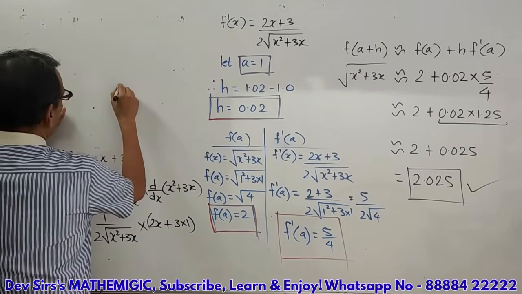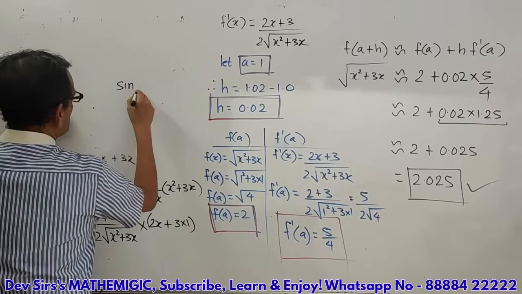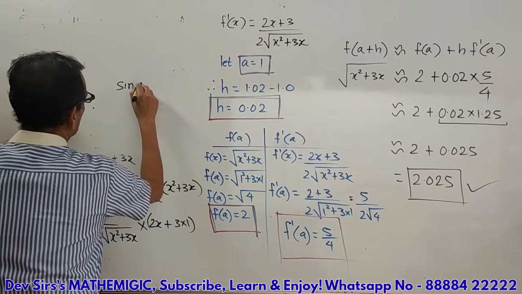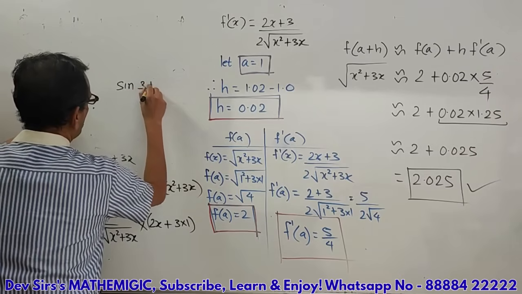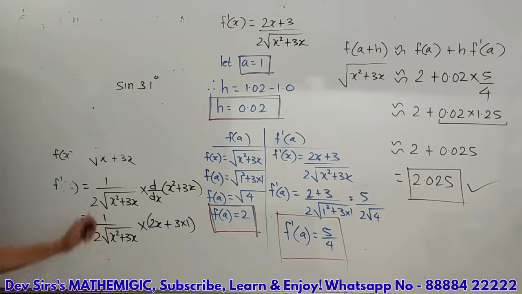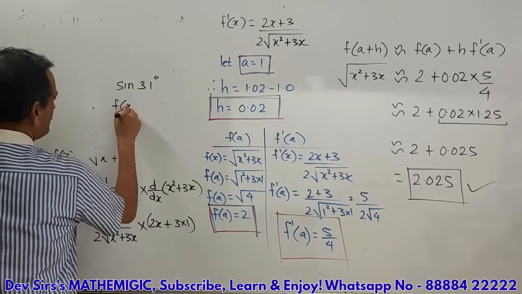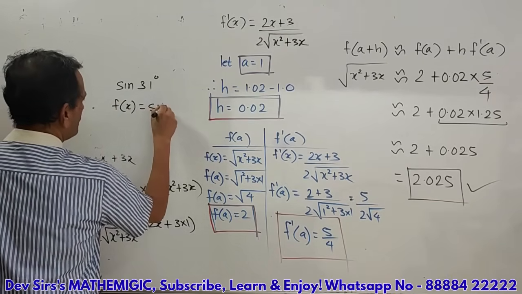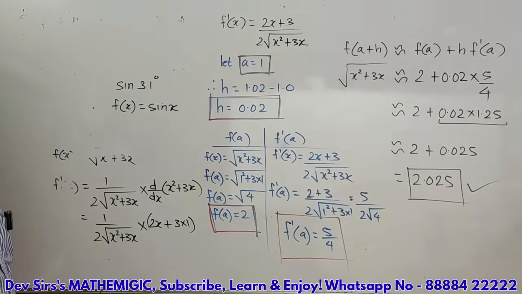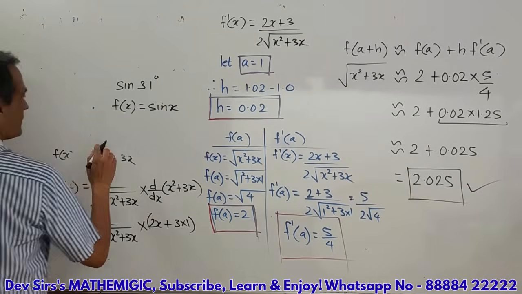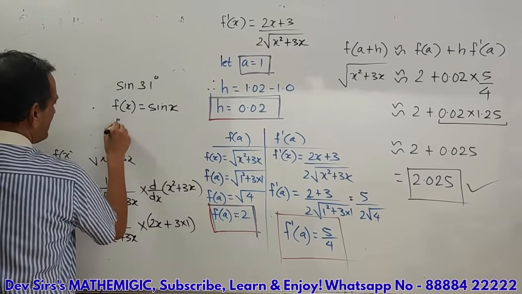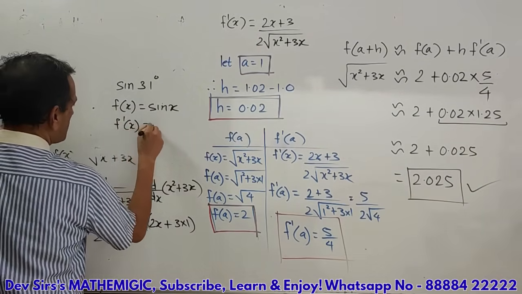Supposing you are given sine of 31 degrees, here you have to take f x as sine x. Just discussing in brief before we stop. The derivative of f x, f dash x, is cos x.